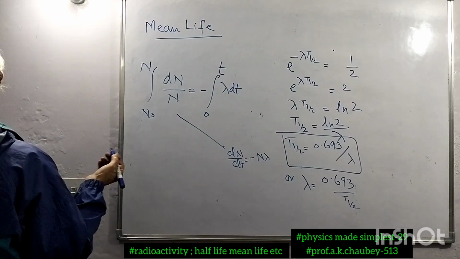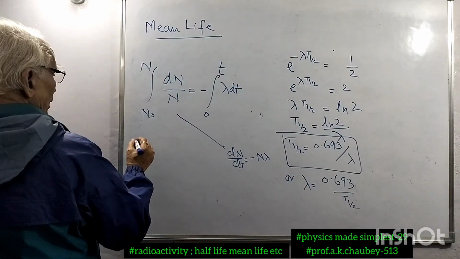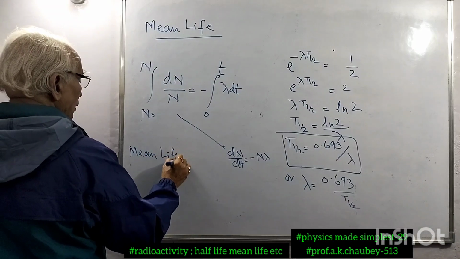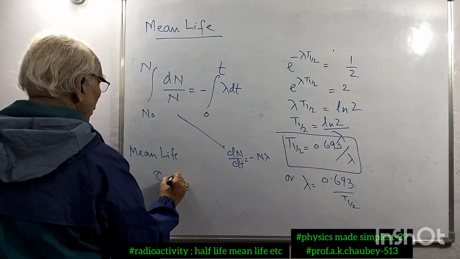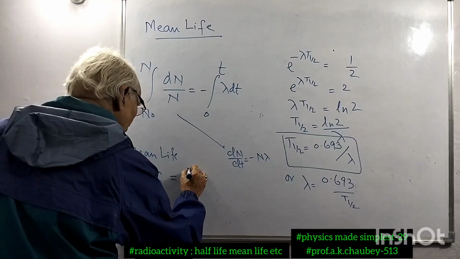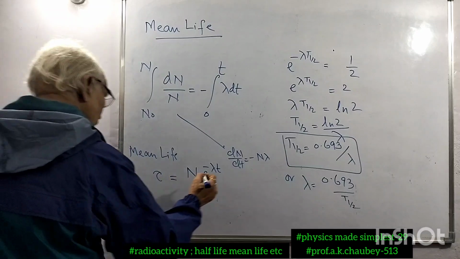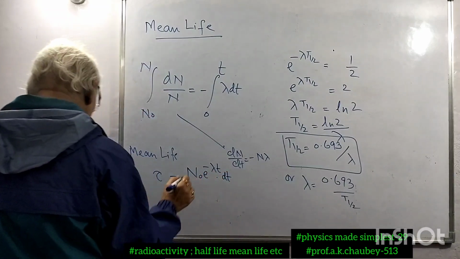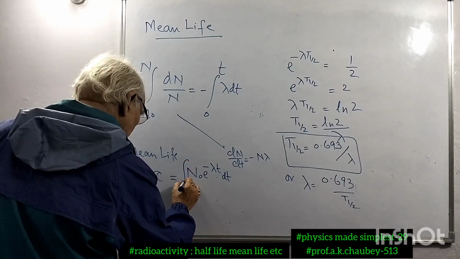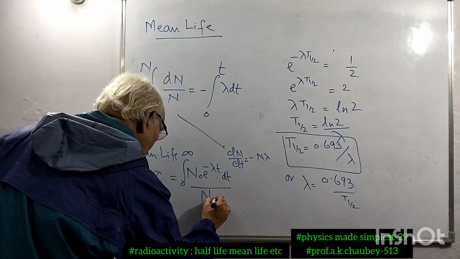Yes, mean life you can also calculate. In fact, you can get mean life from the formula. Mean life we write by the symbol tau. Tau is the mean life, that is the sum of lifetimes: n0 e to the power minus lambda t into dt. In time dt, n is decaying, and then we integrate this from 0 to infinity and divide by the number of radioactive nuclei n0.